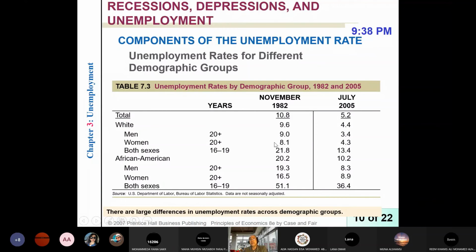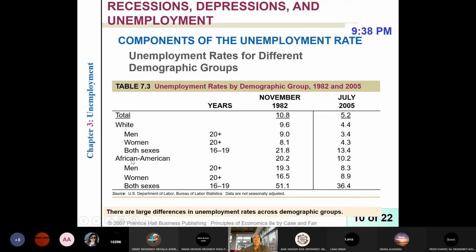The best category, if you belong to women: white women are luckier. White women with experience, with qualifications, are luckier to get jobs. For this reason, the unemployment rate is at the lowest level. But among whites who are younger or have fewer qualifications, the unemployment rate is more than 20%.